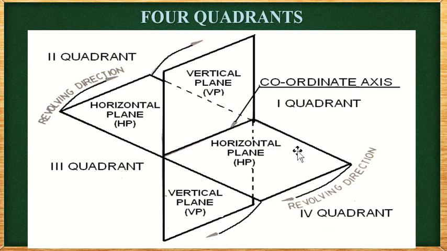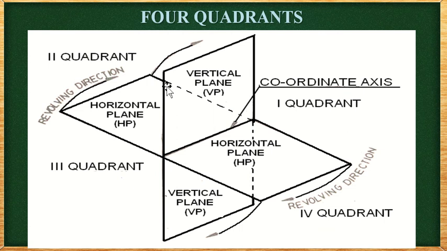An object placed in the first quadrant means the object is placed some distance above HP and some distance in front of VP. If an object is placed in the second quadrant, it means the object is placed behind VP and above HP. Clear?